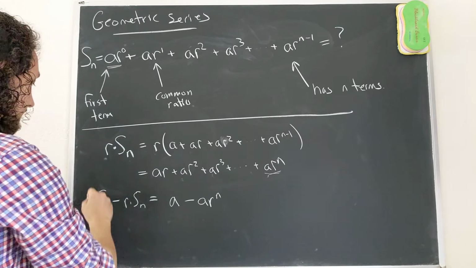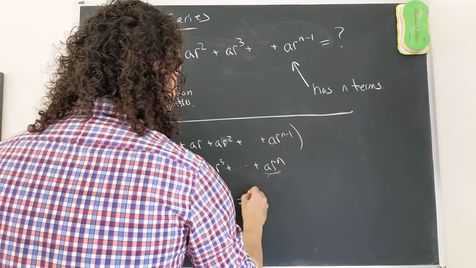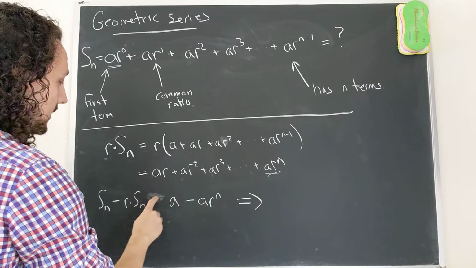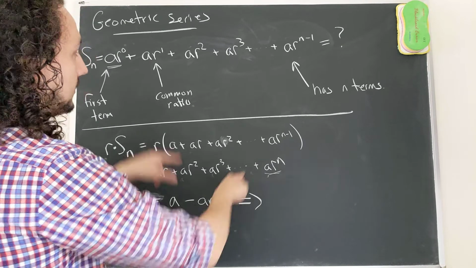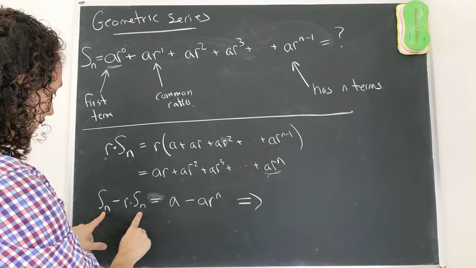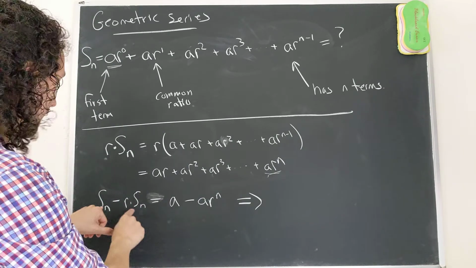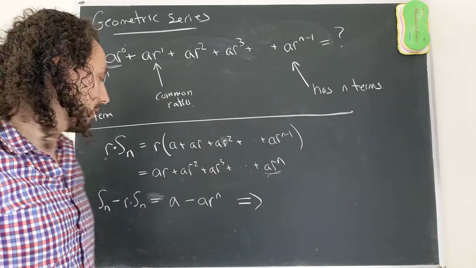And now maybe you can see why this is going to be so useful, because by rearranging this equation, I have on the one hand A minus AR to the n just by figuring out the subtraction, but on the left-hand side here, I have Sn. It's not isolated yet, but that's the thing I wanted to figure out. Sn is the very sum. Sn is the question mark.